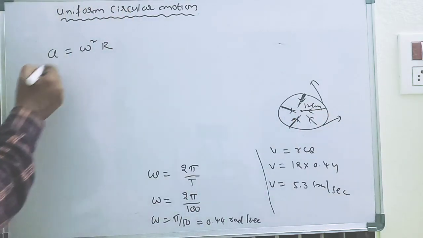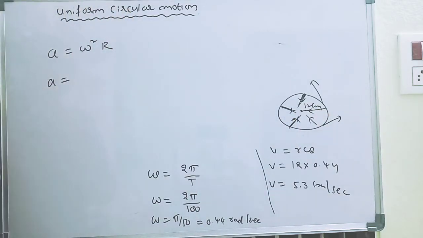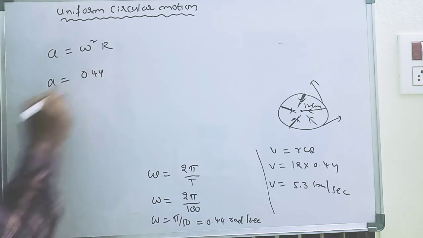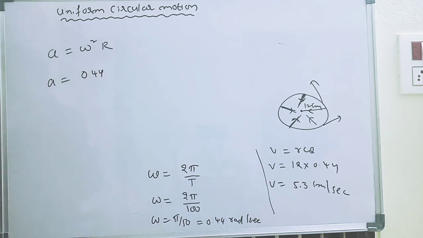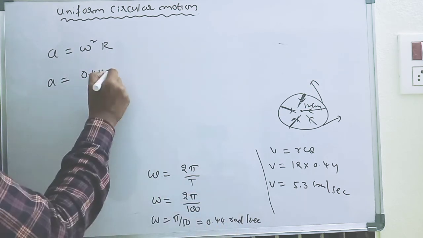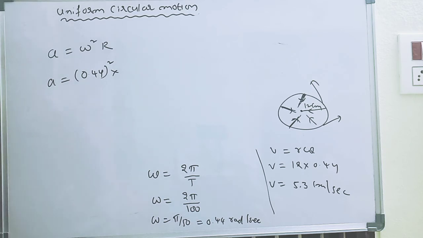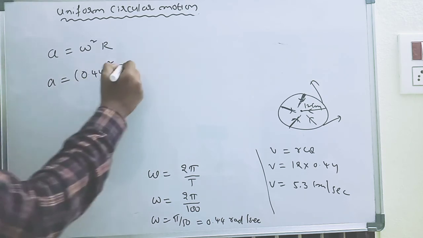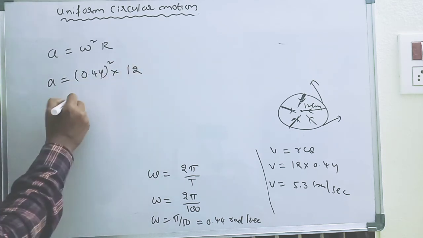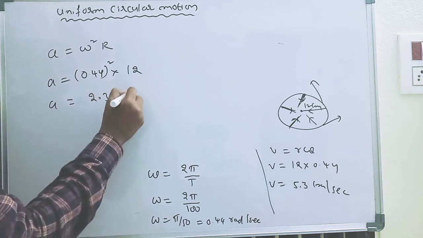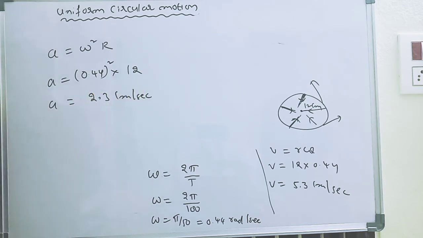So therefore acceleration A is equal to omega square, which is 0.44 whole square, into radius. What is the value of radius? 12 centimeters. Therefore the value is directly 2.3 centimeter per second square.